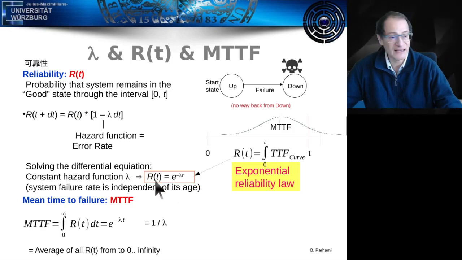The reliability for a period of t is e to the power of minus error rate multiplied by the time which you want. And this is a function like this, and this will be the mean time to failure. Okay, and this is what we saw. That is exactly the same as the inverse of the error rate.